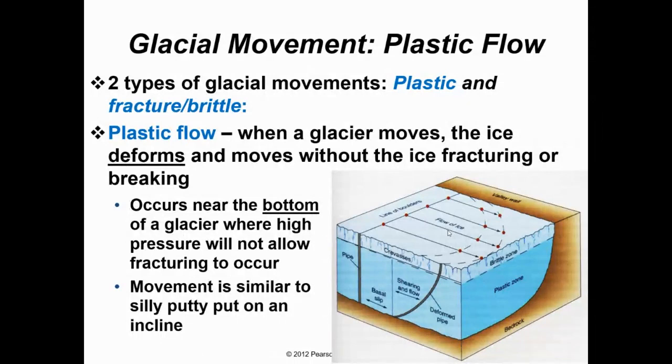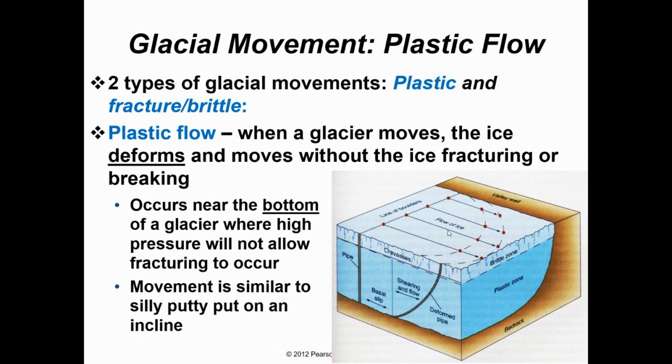In this instance, we're not adding heat, like is often the case with rocks, but really, what causes the movement is the fact that the ice within the glacier is being pulled downward under the influence of gravity.